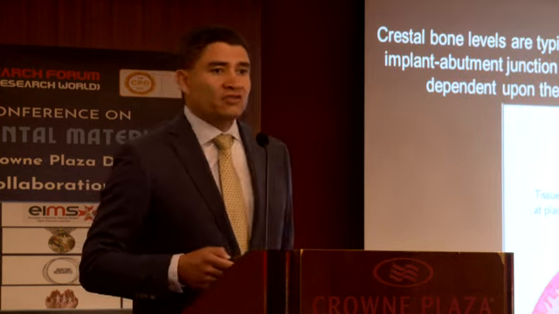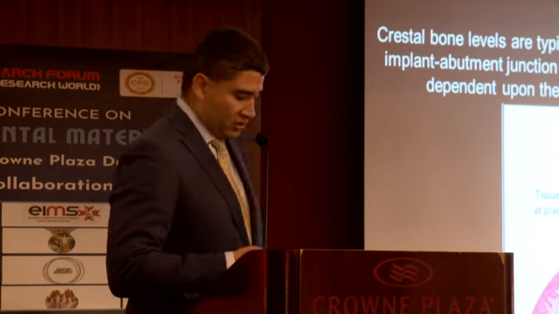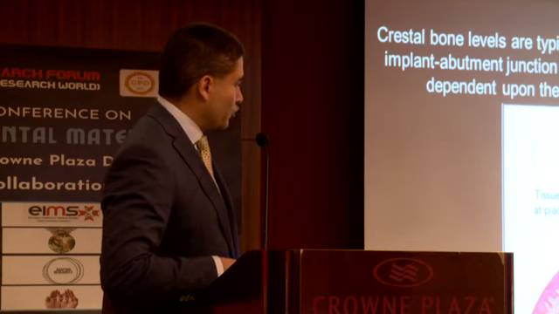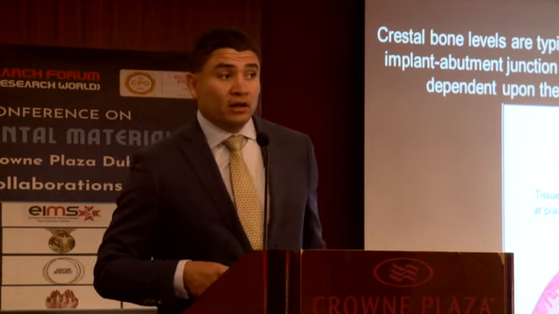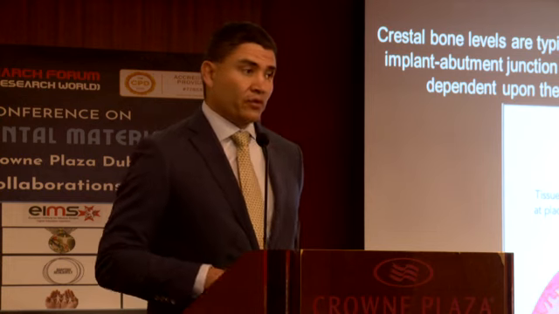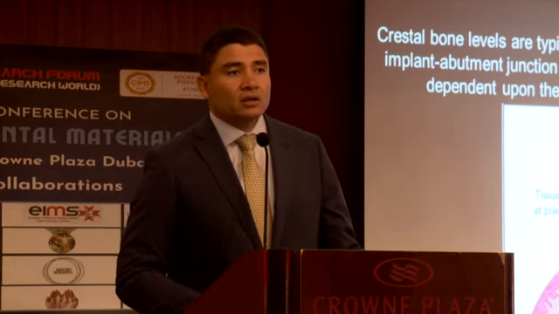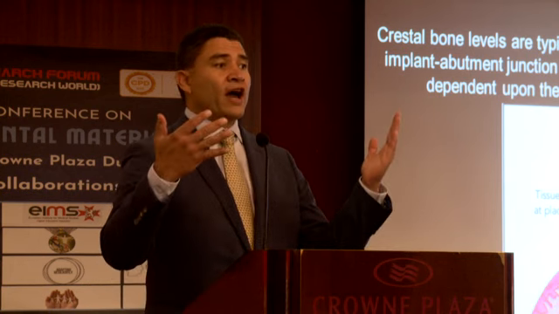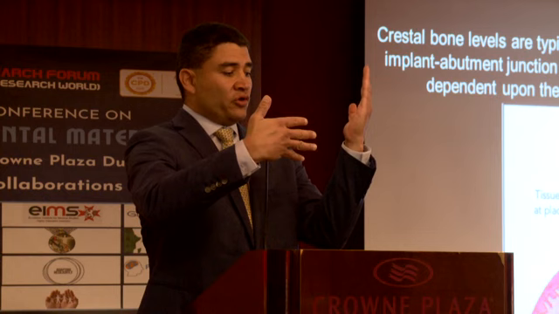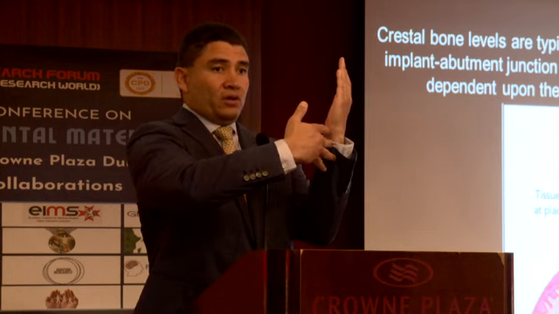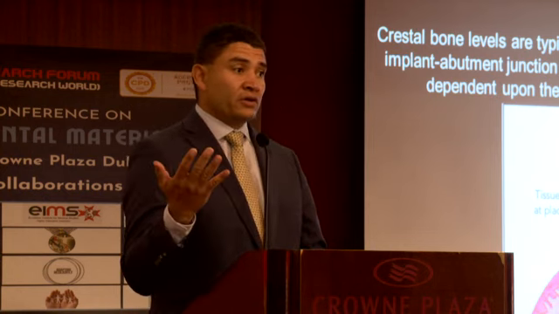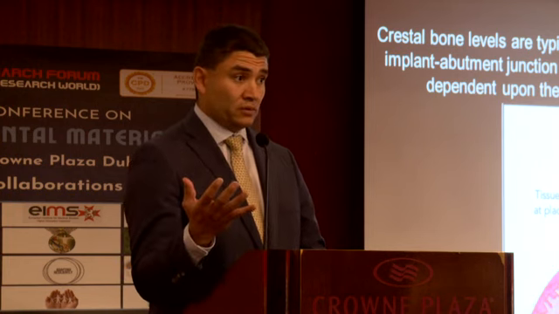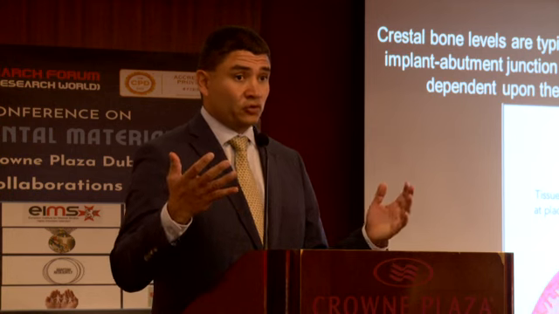Why does the bone need to be lost 1.5 millimeters directly from the abutment to implant interface? Well, the explanation is very simple, right? Imagine that around teeth, as mentioned before, you have connective tissue fibers that are directly attached to the cementum. What is the function of the connective tissue fibers? To protect what? To protect the bone, right? It's a physical barrier to protect the bone.